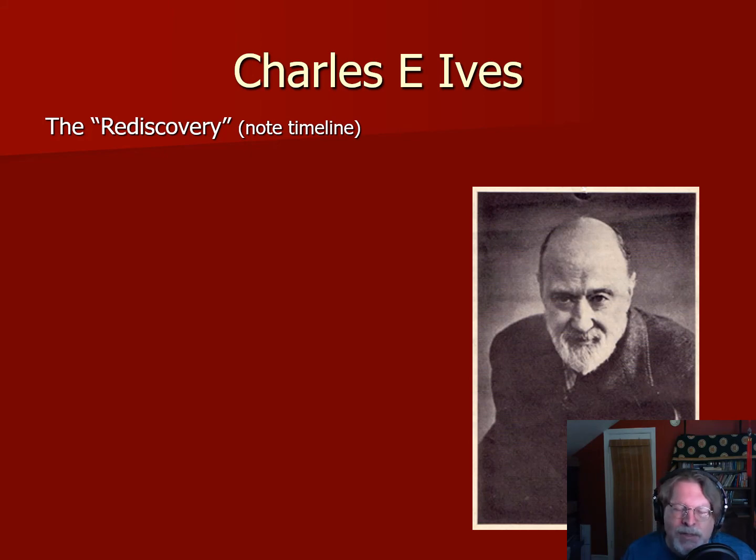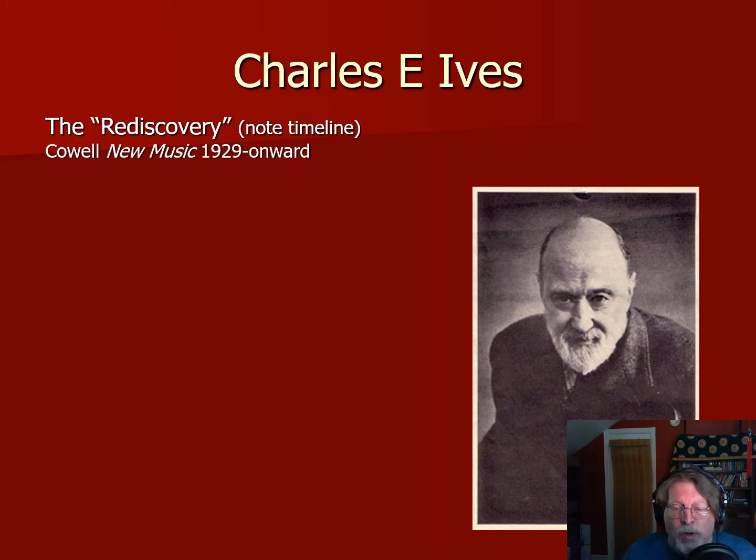He had health problems, and after 1921, he did almost no new composition, even though he lived until 1954. In fact, what he mostly did was to go back to old scores and revise them. And he often revised them to make them more dissonant or experimental than they had been when he first sketched them. And there's a reason for that. It has to do with his rediscovery.